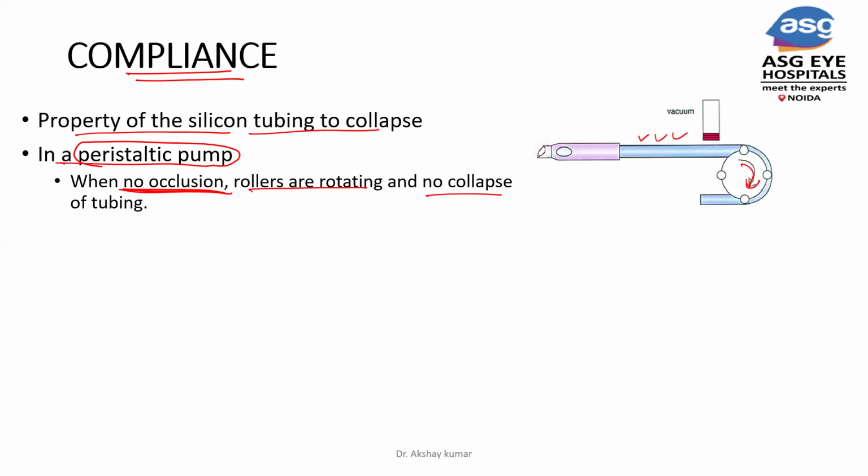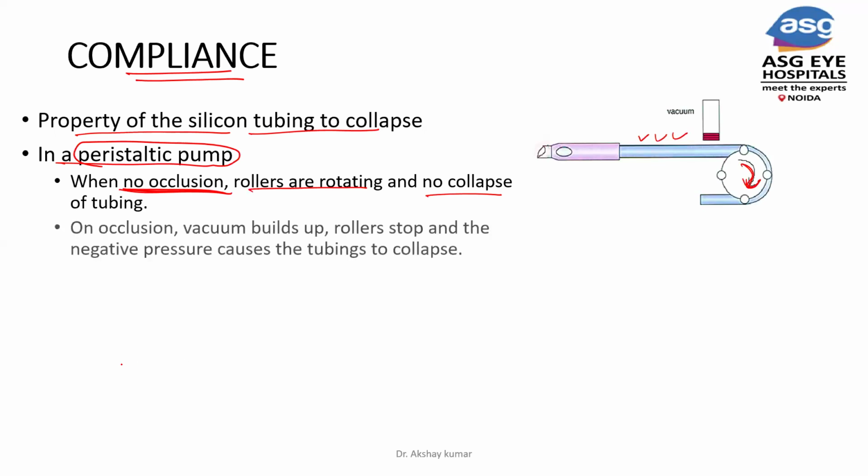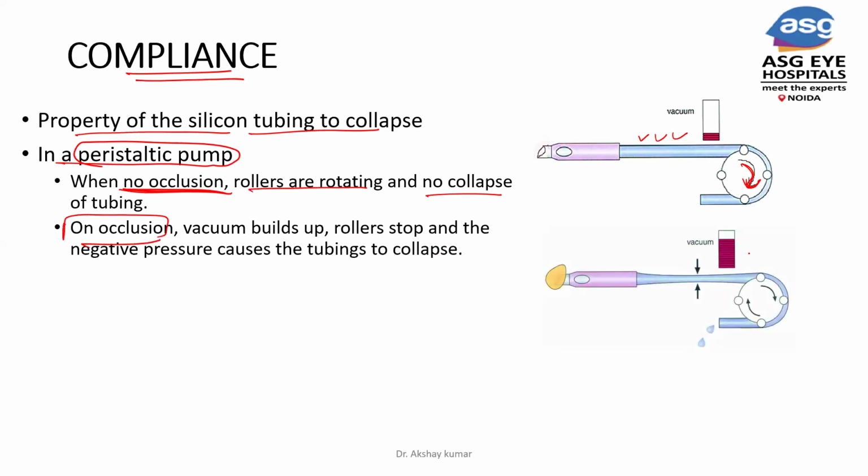So it is moving very well. Once the occlusion happens, the vacuum builds up and the rollers will stop, and it will lead to compression of the tubing. So negative pressure will lead to compression of the tubing.